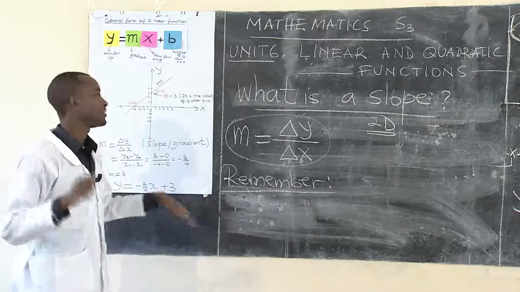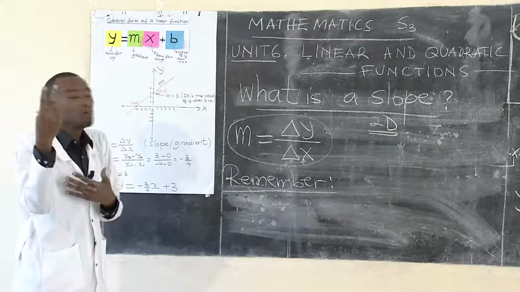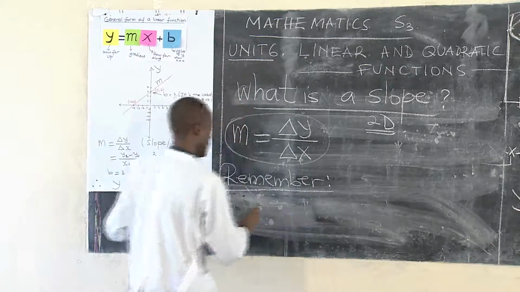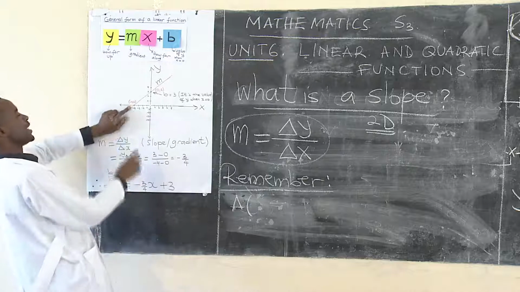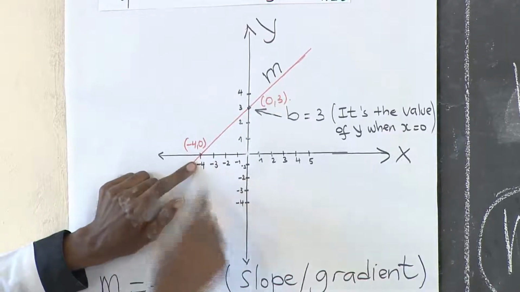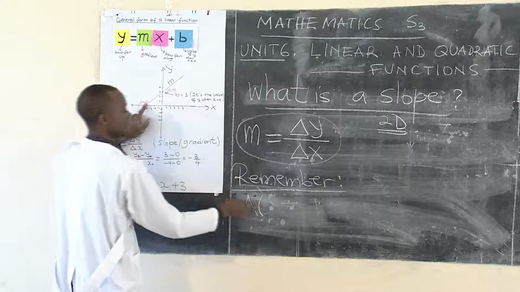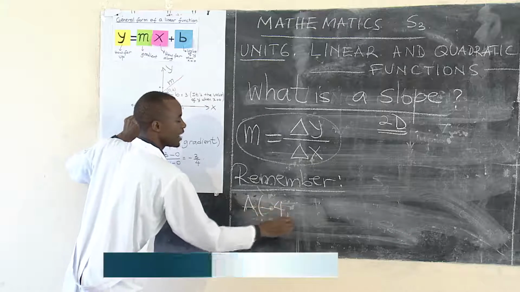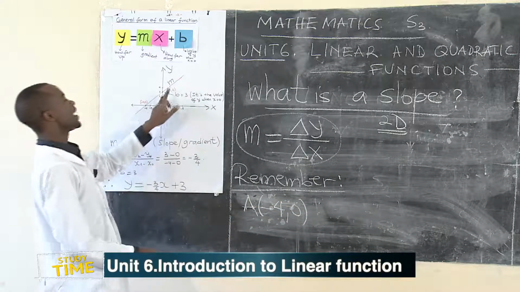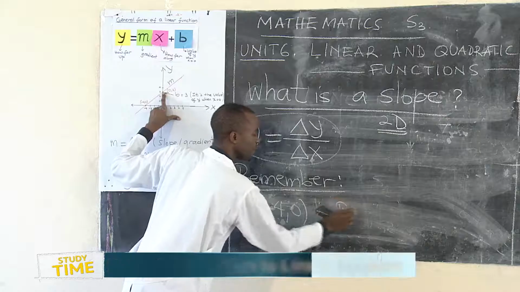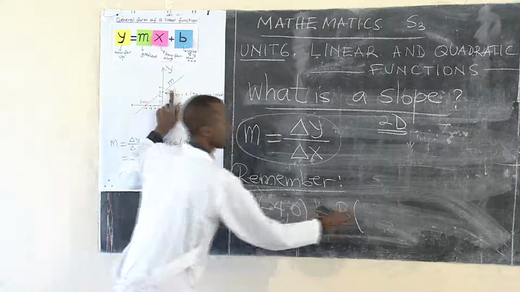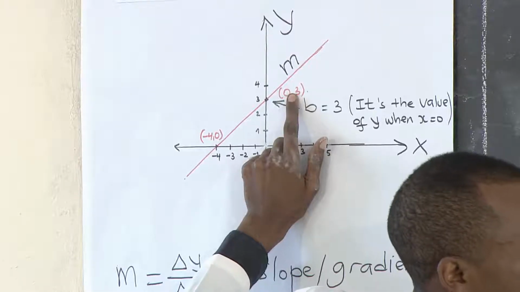Every line needs at least 2 points to be sketched. For our example, we have point A. Let me call this point A. It has the coordinates -4 and 0. And I also have another point, which is called point B, with the coordinates 0 and 3.